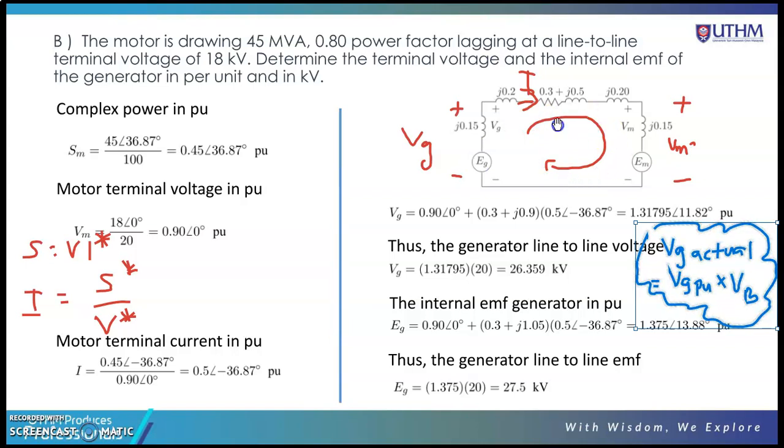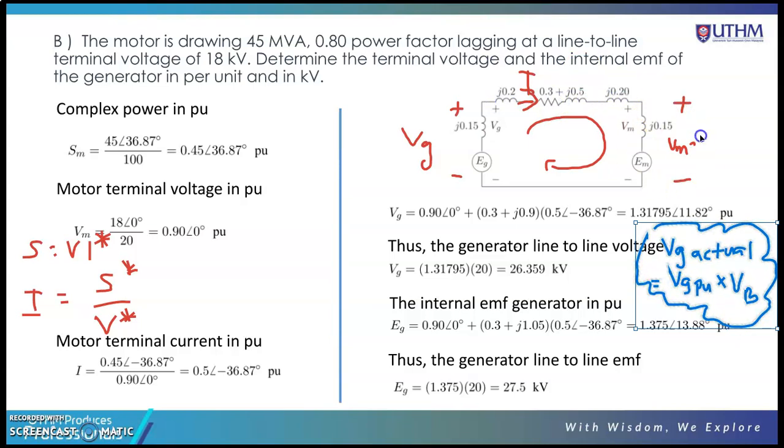In this case, the internal EMF of the generator in per unit, Eg, is determined by solving this loop. Eg equal to Vm, which is 0.9, plus I times total Z. This Z basically is j0.5 plus j0.2 plus 0.3 plus j0.5 plus j0.2.